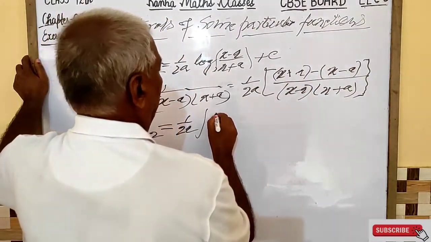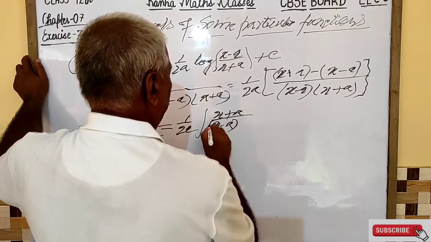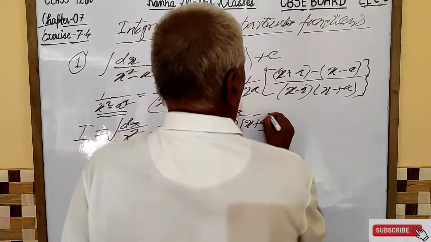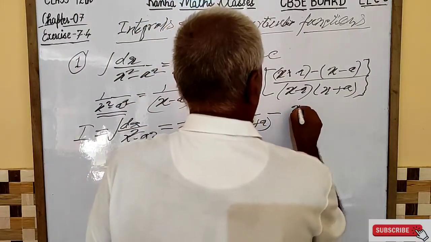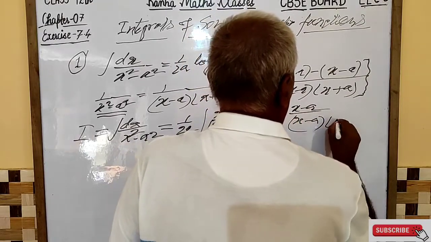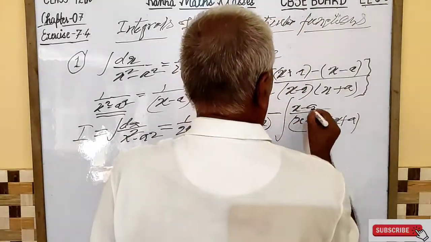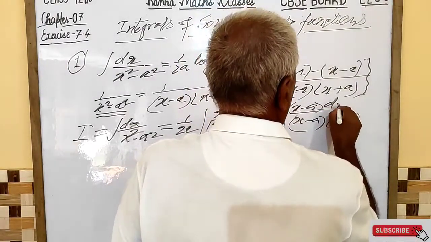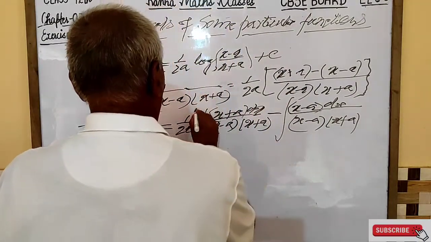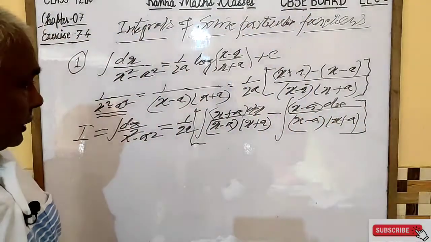It will be x plus a upon x minus a x plus a minus x minus a upon x minus a x plus a, and this will be the integral, and dx, here also we will write dx, and 1 upon 2a is common to both the bifurcated integrals.